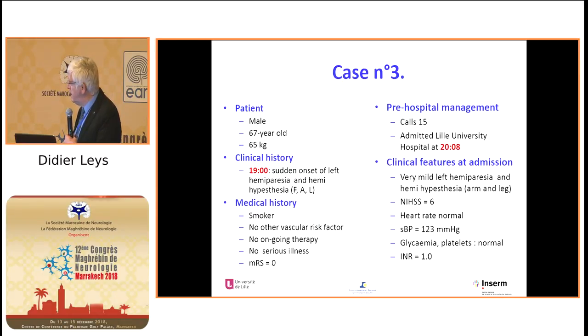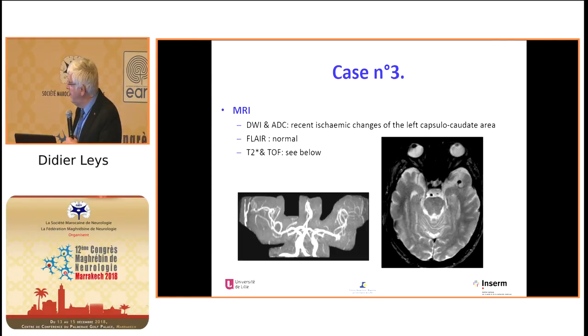He was admitted at 8:08 in the evening, so a little more than 1 hour later, and the face was no longer affected. The NIH was at 6, heart rate normal, normal blood pressure, normal biology. So an almost normal person, and the expected diagnosis was a stroke.